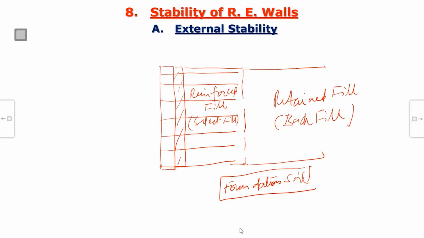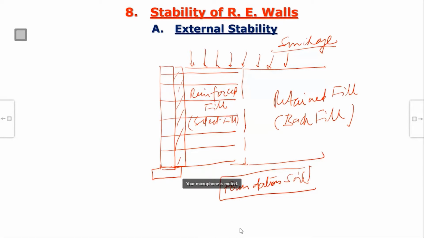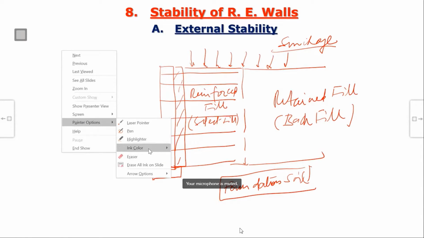These are the components, and there will be some load here which is surcharge, and there will be a leveling pad here. This is in general.